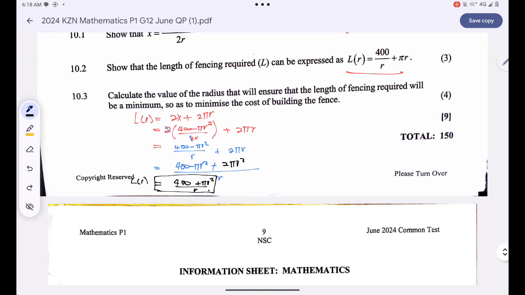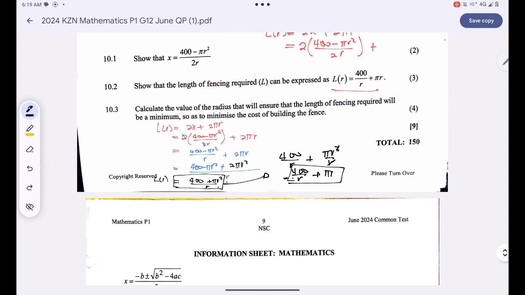But this and this are the same thing, because you can further say this will be 400 over r plus pi r squared over r, and then the r's will just cancel one another. You'll be left with 400 over r plus pi r. Altogether, this and this is one and the same thing. You can take it further until you get here, but it's one and the same thing, right?